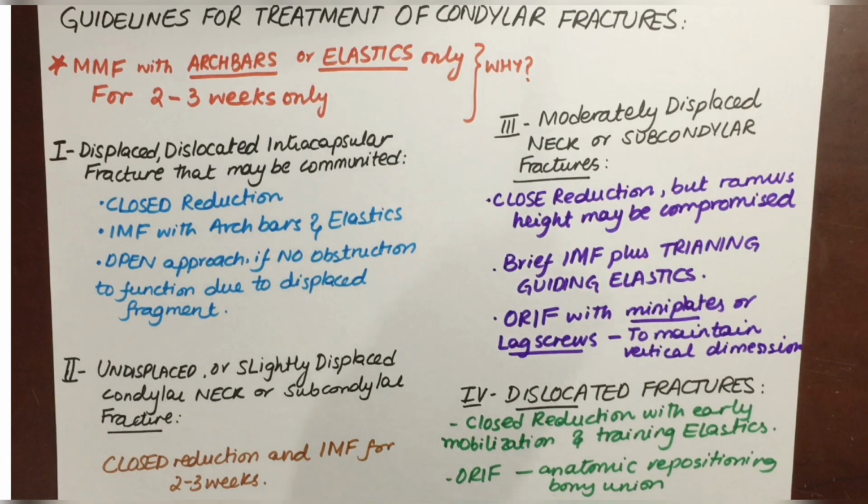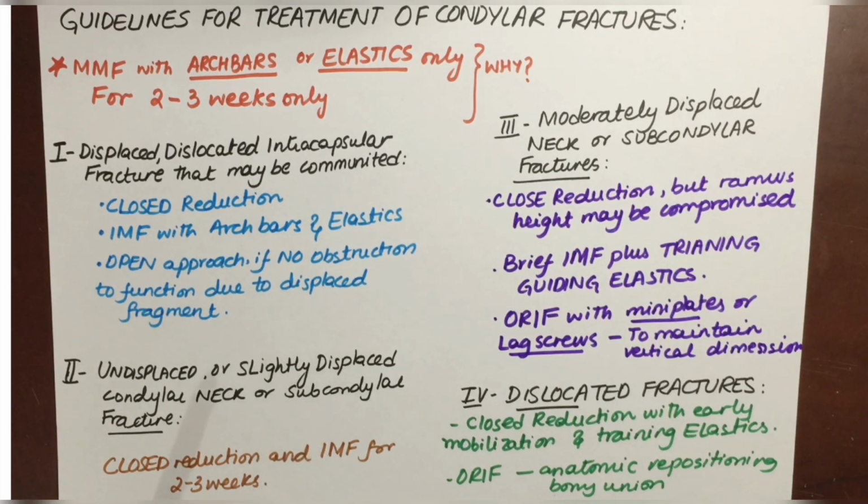Open approach can also be performed if there is no obstruction in function due to displaced fragment. Then for undisplaced or slightly displaced condylar neck or subcondylar fracture, we will perform closed reduction with IMF for 2 to 3 weeks, again using arch bars or elastics.